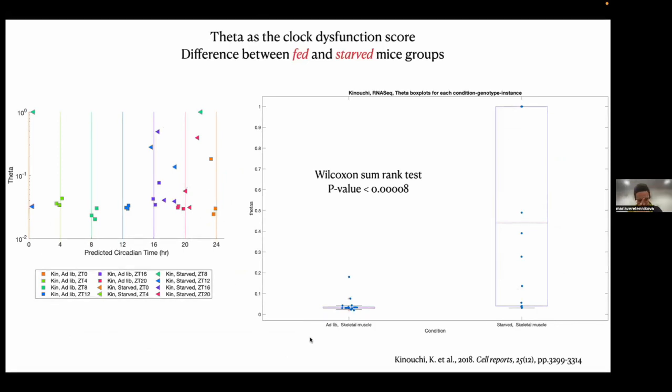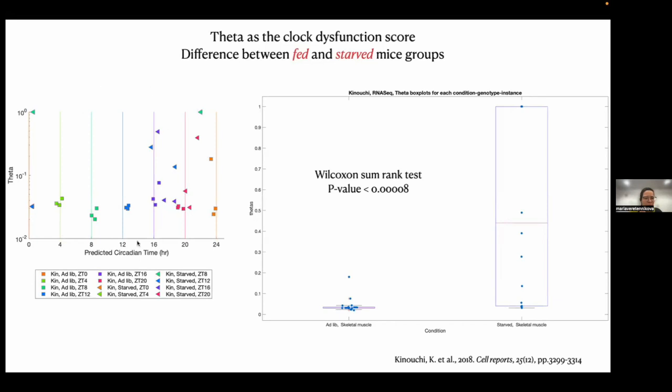For the ad libitum mice, the thetas were very low, and this is skeletal muscle, by the way, the tissue under analysis. Whilst for starved mice, there are also higher thetas, and there is a significant difference between the two groups.